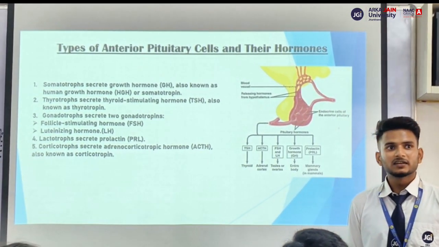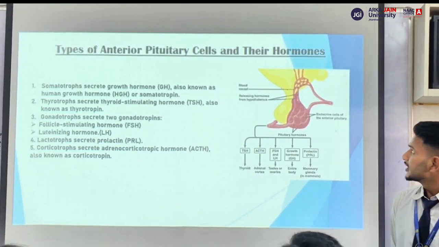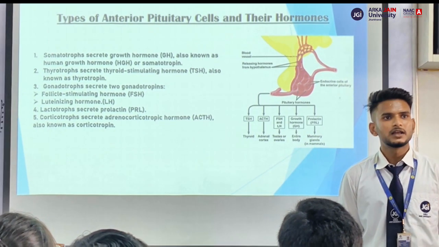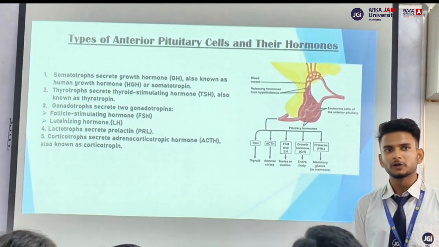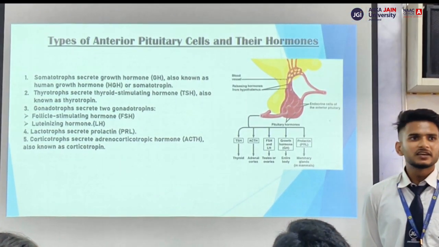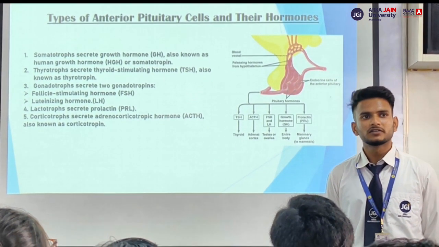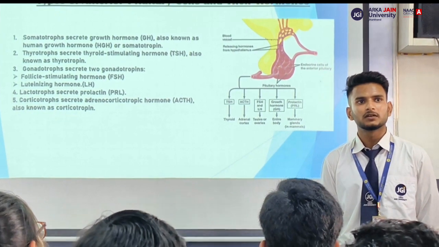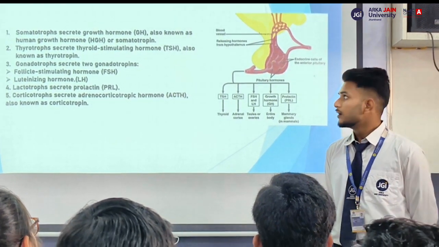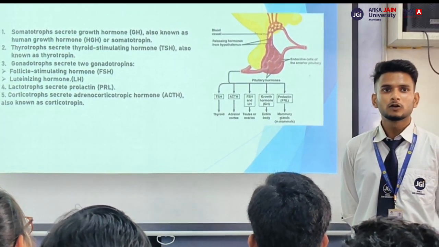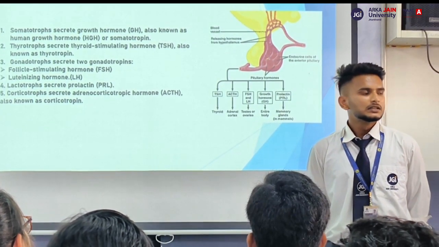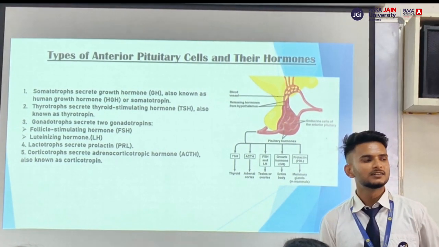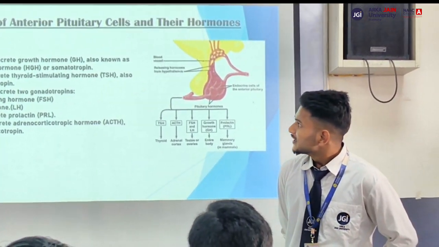Types of anterior pituitary cells and their hormones. There are 5 types of cells present in the anterior pituitary, and it secretes 7 different types of hormones. First one is somatotroph, which secretes growth hormone, known as somatotropin, and it helps in growth and development.